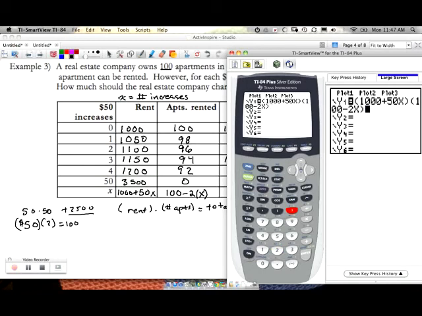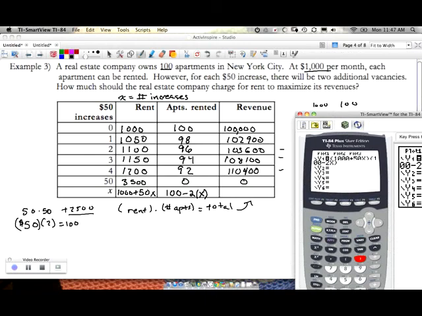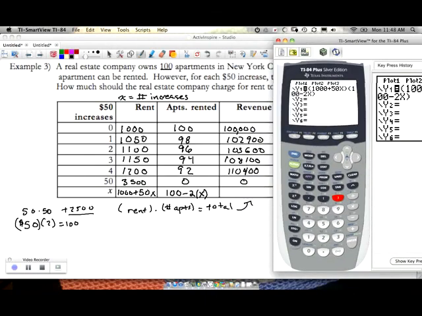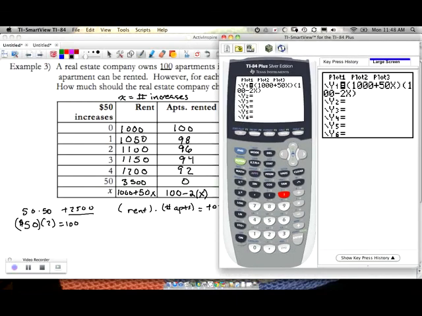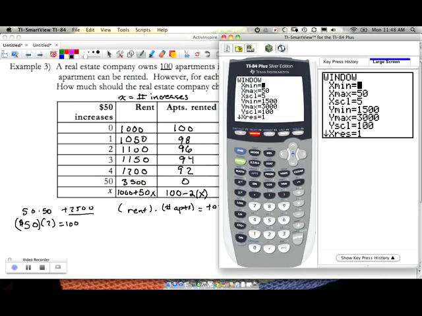Okay, so our revenue here is in the hundreds of thousands, if you guys remember. So our output needs to start at 100,000 and probably go up from there. Our x values go from 0 up to 4,000, in increments of, say, 200.